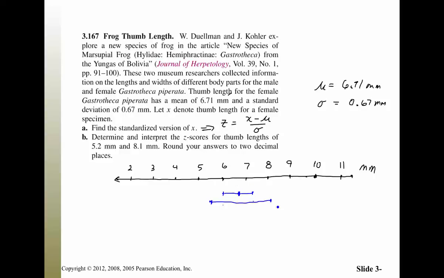All right, so this is really telling us about this population in terms of thumb length, the thumb length of these female frogs. 95% of female frogs of this species have a thumb length between, what'd you say? 5.37, 5.38, and 8.05 millimeters, okay?